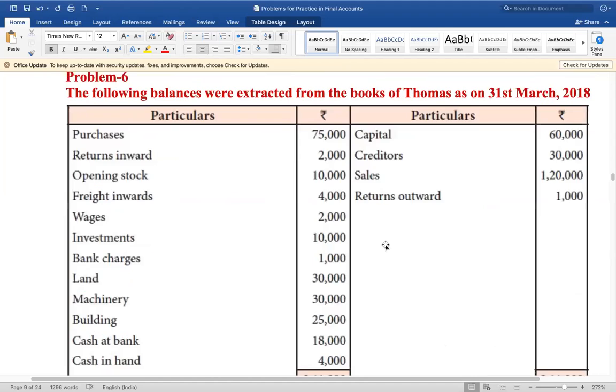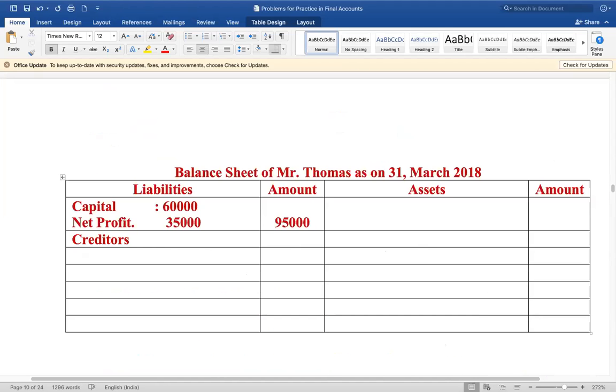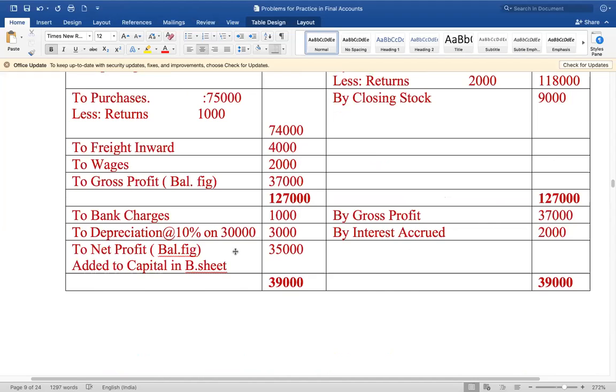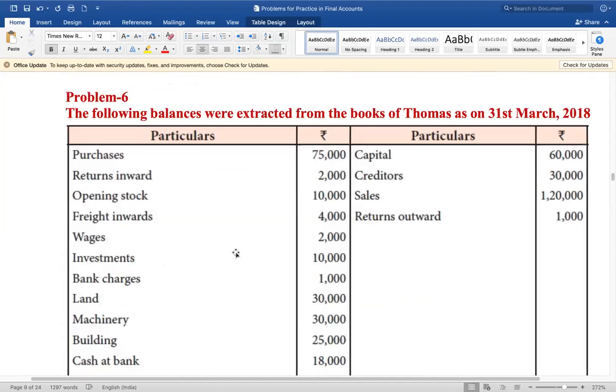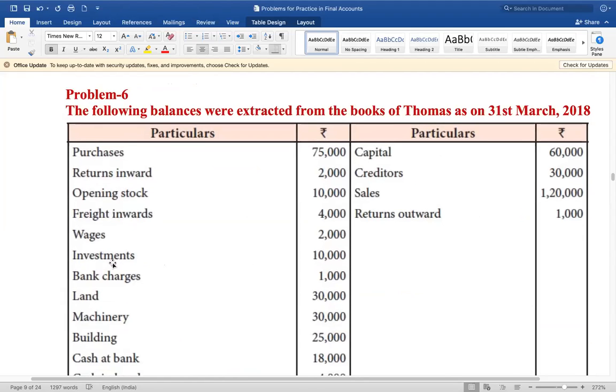How much is the creditors amount? 30,000. I think we are done with the liabilities. We'll go to the assets.